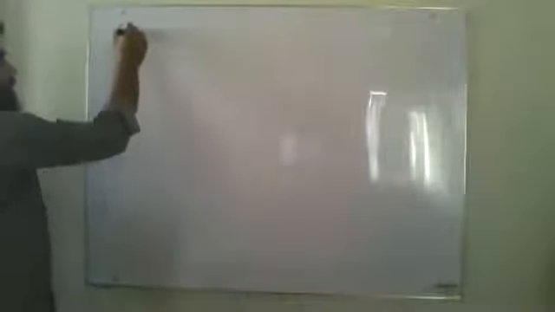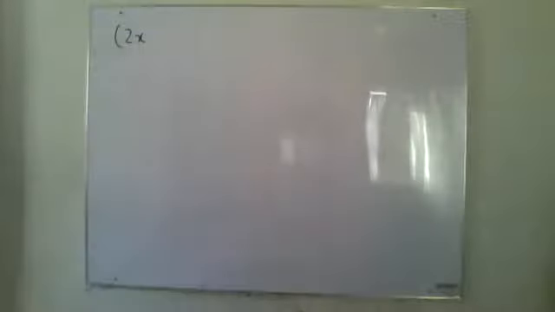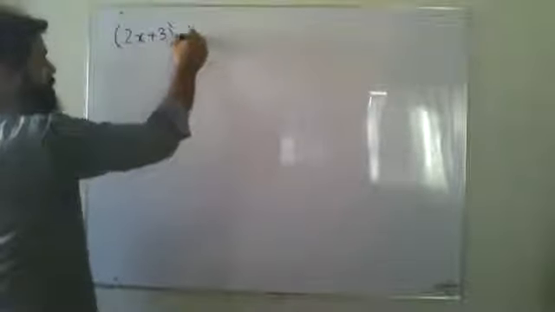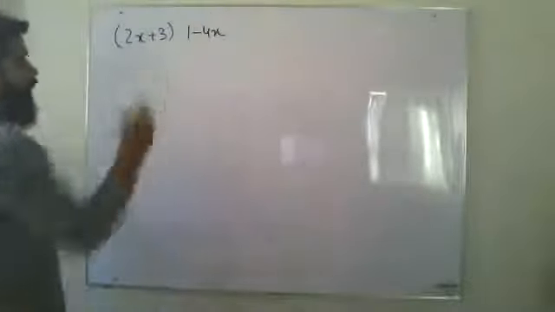So first of all, we have already discussed this thing, and again I am telling you that, for instance, I have got over here 2x plus 3, 1 minus 4x.